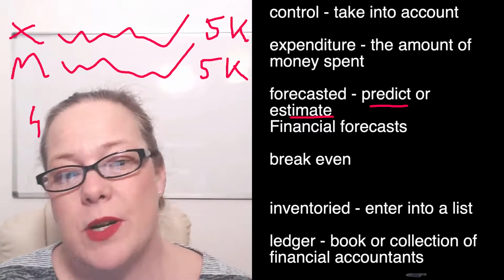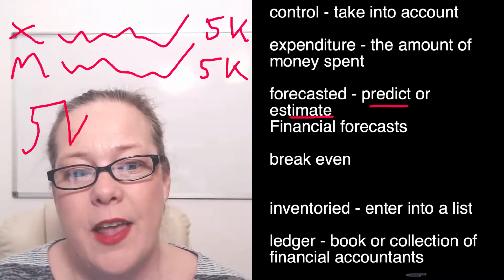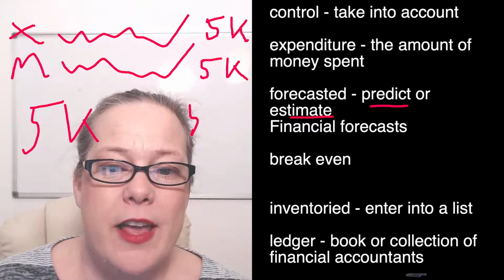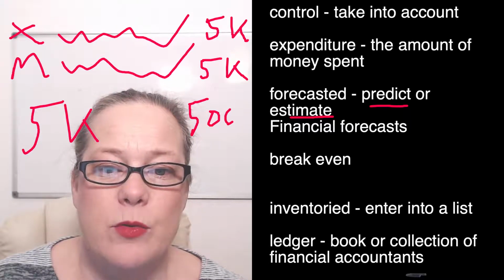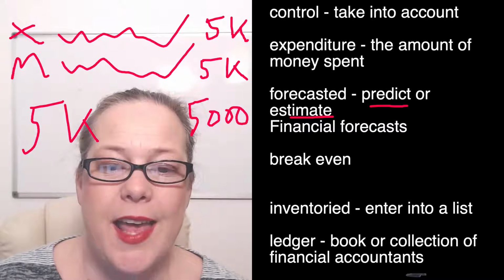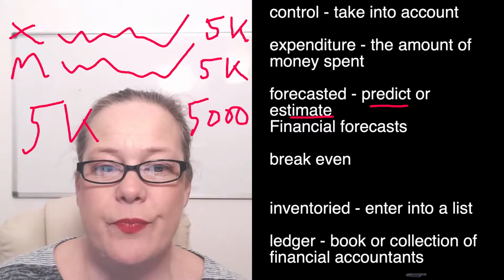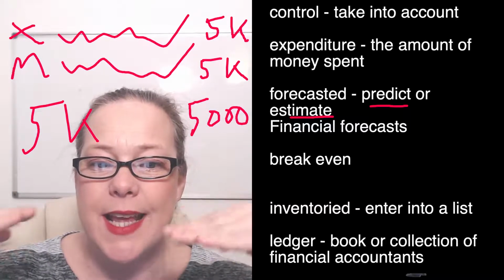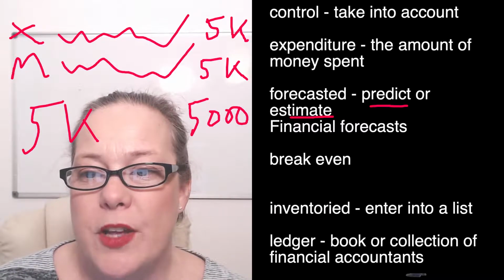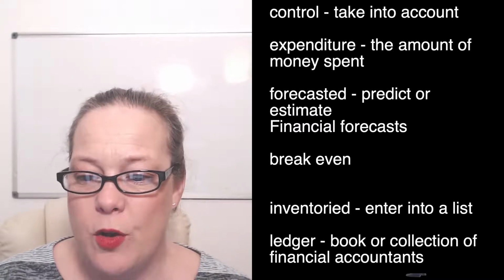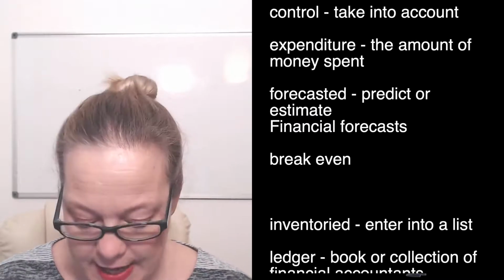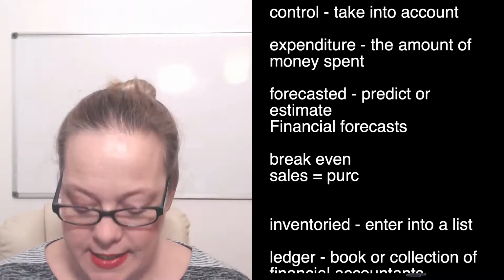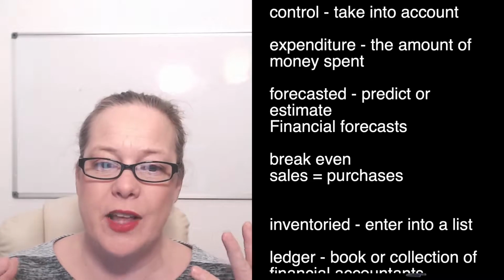So when someone says, "Oh, we made 5k this month," it means they've made £5,000. Okay, 5k is 5,000. So when you break even, it's when your sales equal your purchases. Okay, when you break even, your sales equal your purchases in purely a financial form.